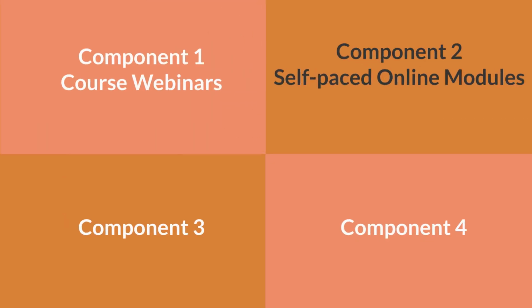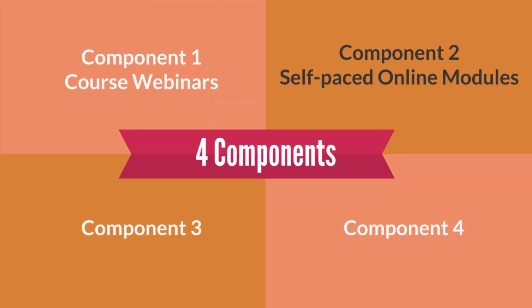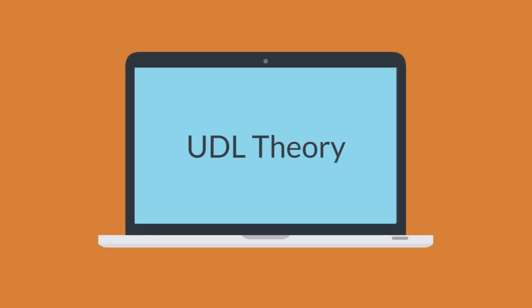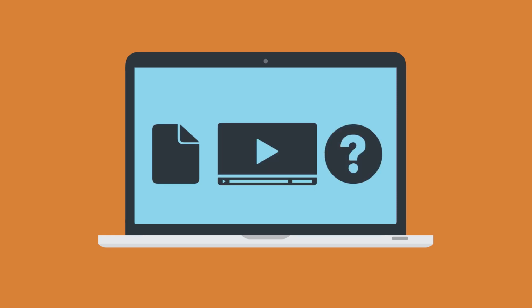Now for component number 2, self-paced online modules. These modules provide much of the UDL theory in the course and are typically made up of text content, video content, and some short quizzes, with links to external resources where appropriate.